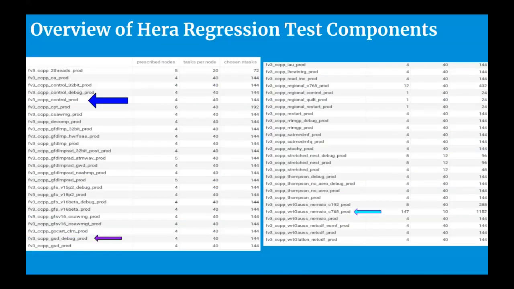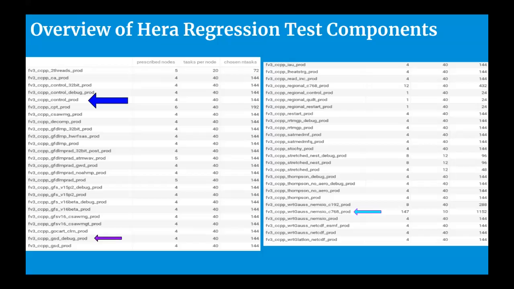This one actually took the longest to run, and that's likely because a lot of different flags in terms of the model development are being activated with that particular test. And then over on the right with the light blue arrow, that one required the most processing power. That one has the C768 resolution, so a very high resolution there. So those are just a few overview things to point out here.